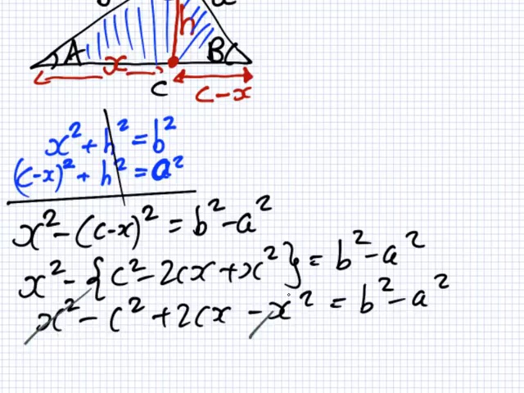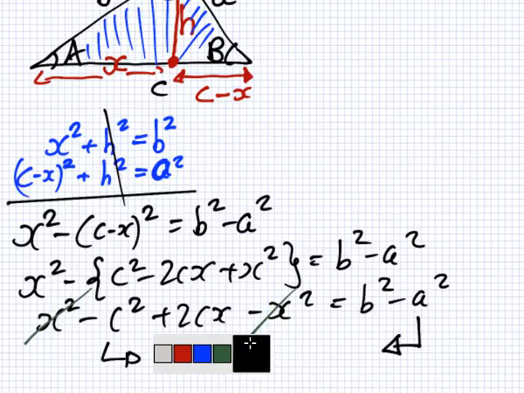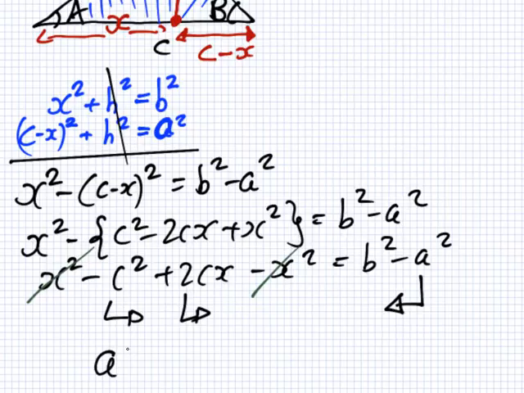The X squareds cancel. So what I'll do is I'll take this one here to the left, and this one to the right. So now I have A squared equals B squared plus C squared minus 2CX.